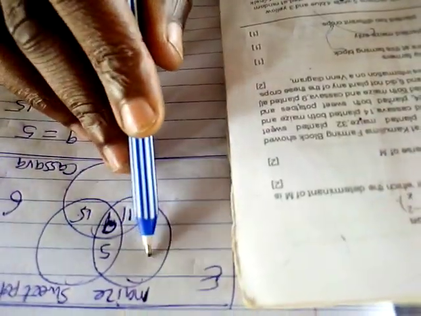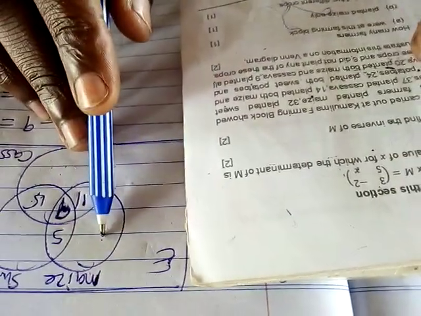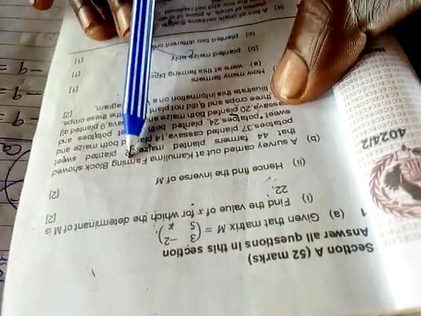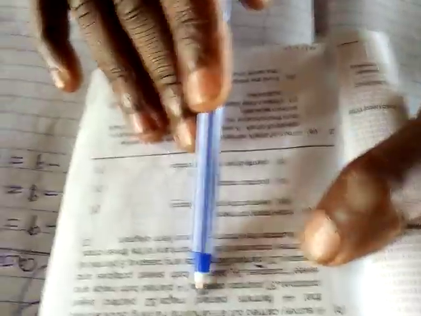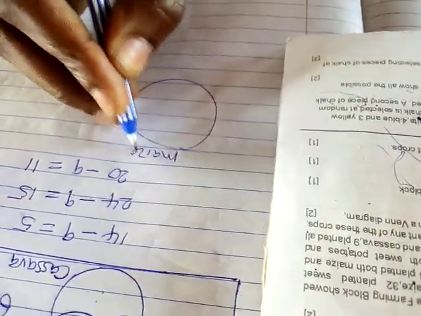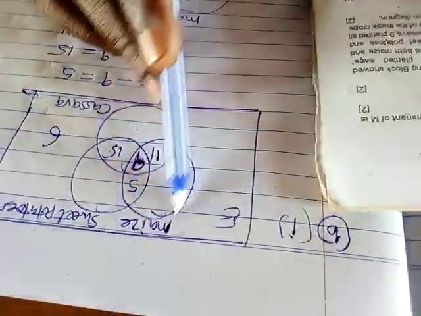Now we need to complete those who are planting one crop only, starting with maize only. 44 farmers planted maize, so this is the set for maize.